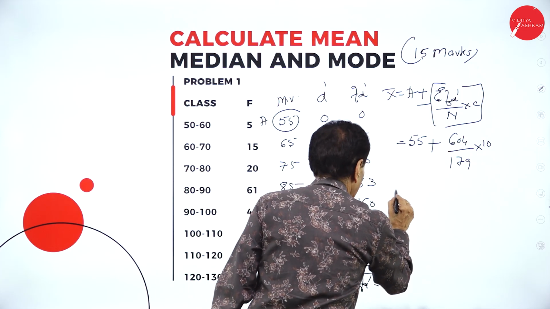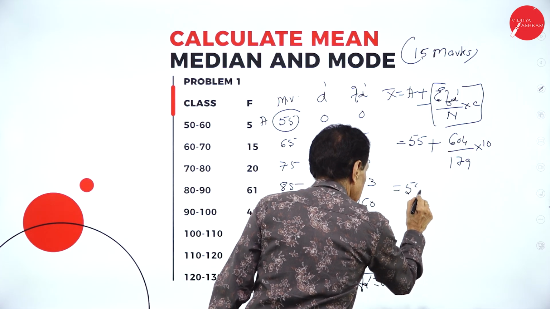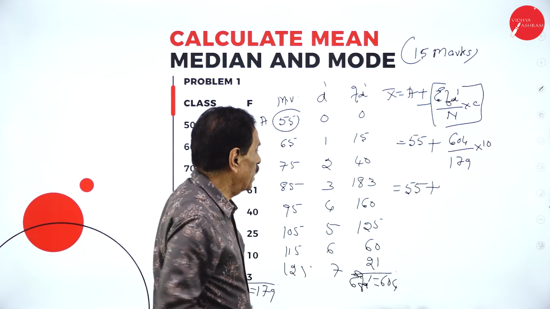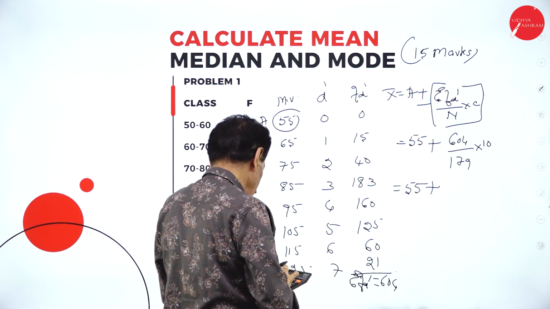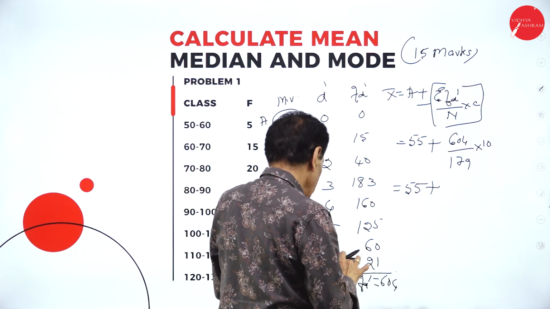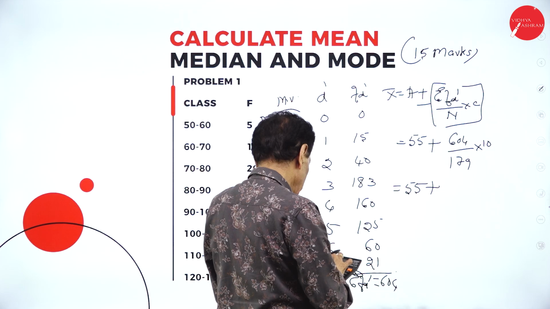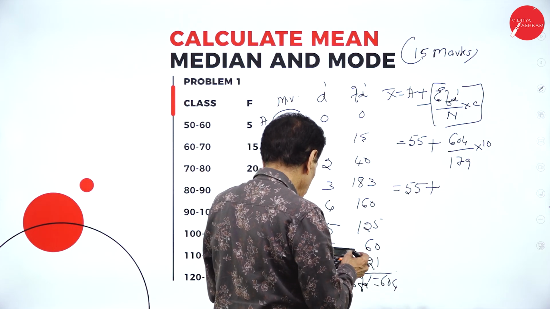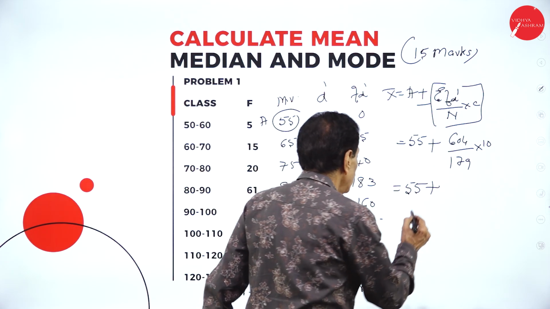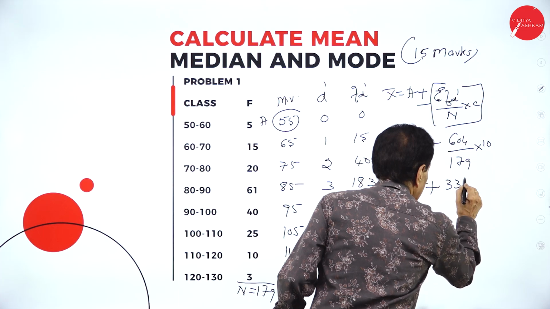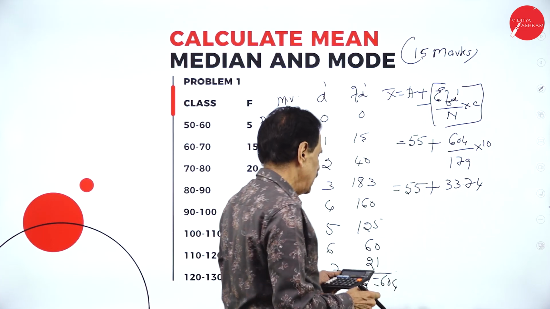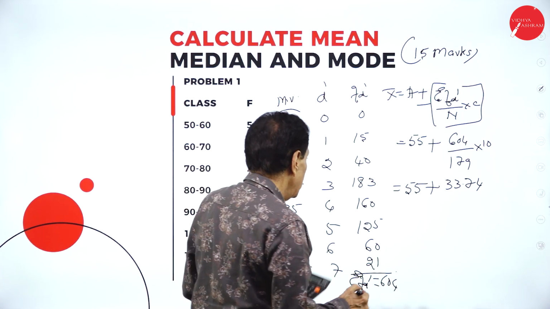So 55 plus 604 into 10 is equal to 6040 divided by 179, which is equal to 33.74. 33.74 plus 55 is 88.74.